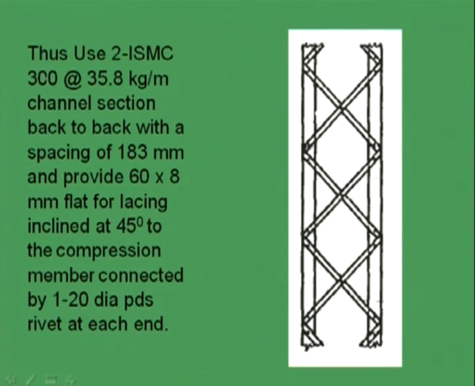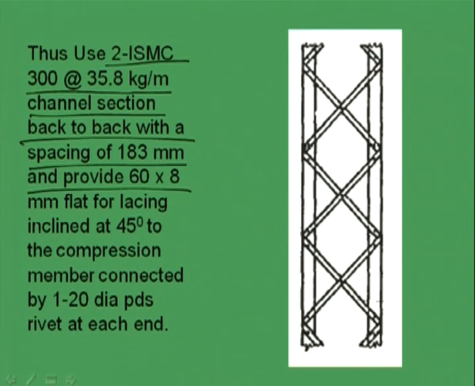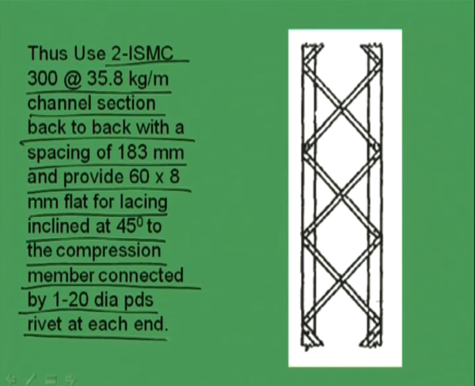So, basically the design engineer can choose from their experience whether to go for single lacing system or double lacing system. So, finally, we can use 2 ISMC 300 at 35.8 kg per meter channel section back to back with a spacing of 183 millimeter and provide 60 into 8 mm flat for lacing inclined at 45 degree to the compression member, connected by one number of 20 millimeter diameter power driven shop rivet at each end.